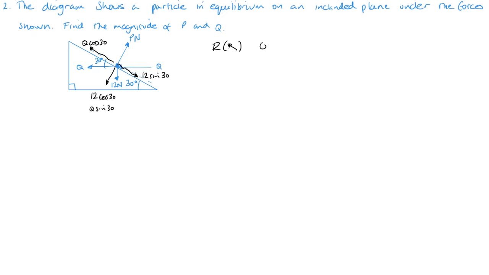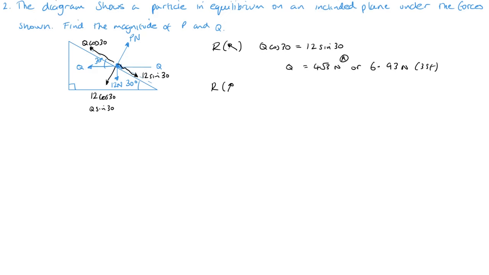Going up the slope we've got Q cos 30, and going down the slope we've got 12 sine 30. So from this I can find out what Q is. Q is 4 root 3 newtons, or 6.93, sorry, newtons to 3 significant figures. I'll store that as A in case I need it coming up.